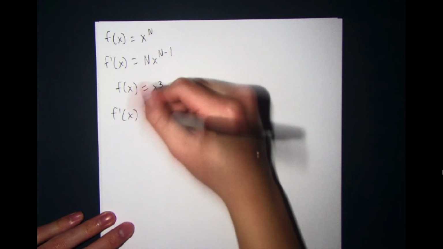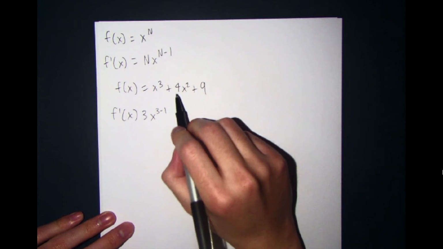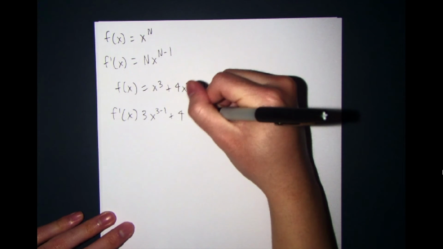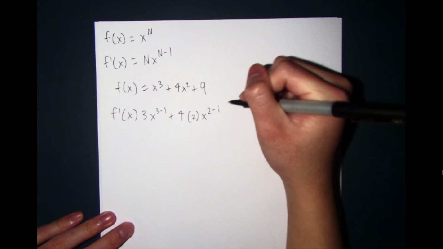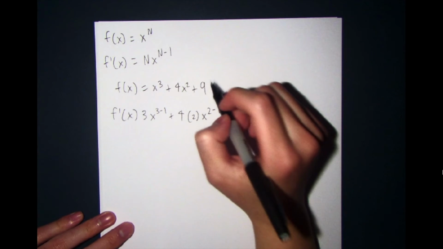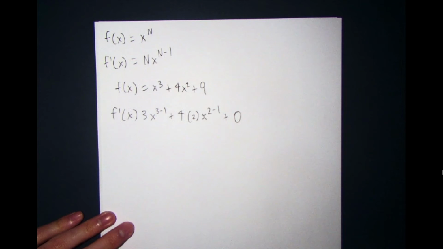So we would get 3 times x to the 3 minus 1. In this case, you would have 4 times 2 times x to the 2 minus 1. And if it's a constant, whenever you do the power rule, it simply goes to 0. So you would just add 0.